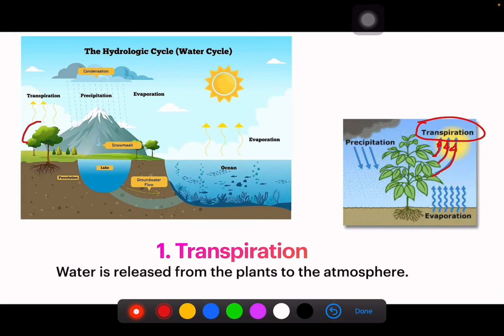So this is a tree, and this one here is called transpiration. This is number one, or the first process in the water cycle.